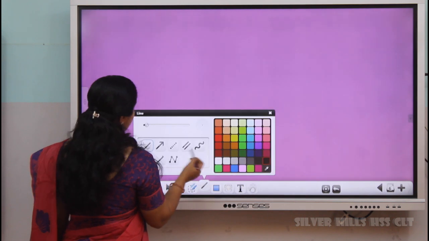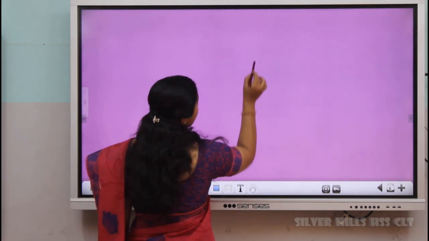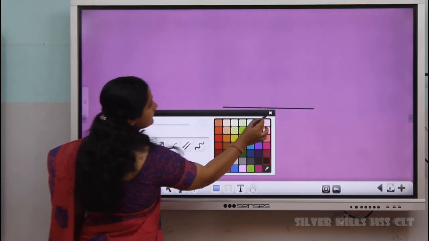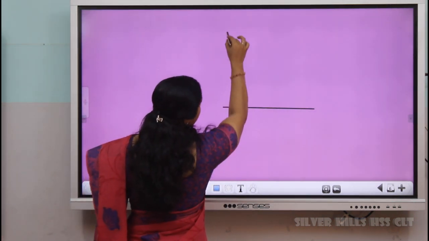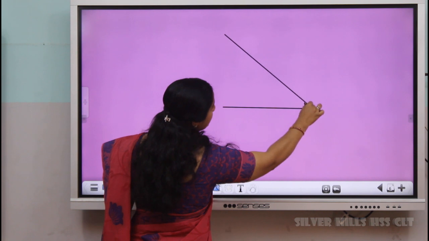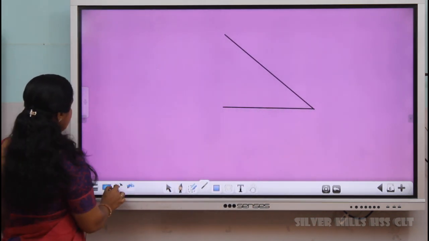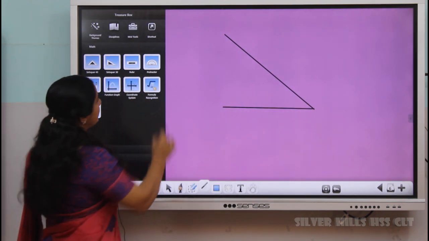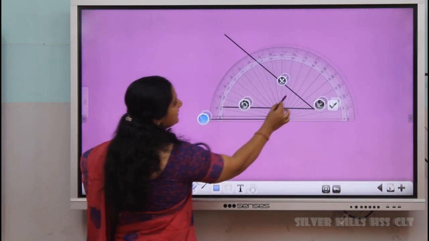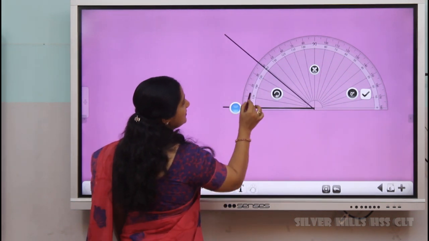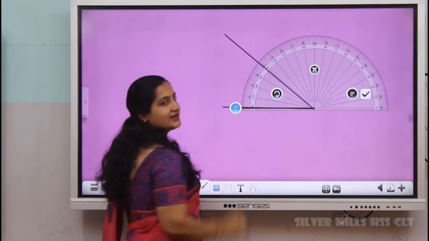I will draw another angle on the opposite side. Then here. So, you take the protractor, fix the protractor here, then see how much. 0, 10, 20, 30, 40.